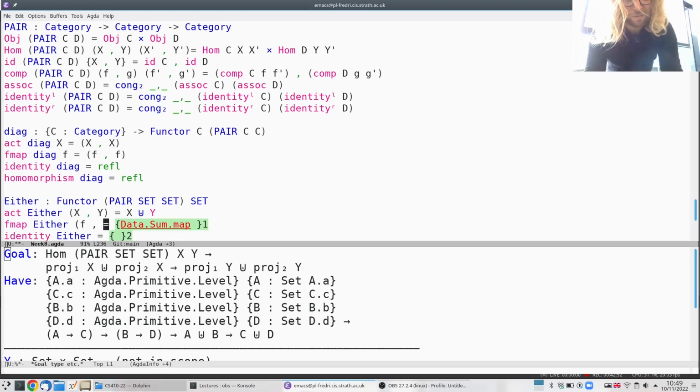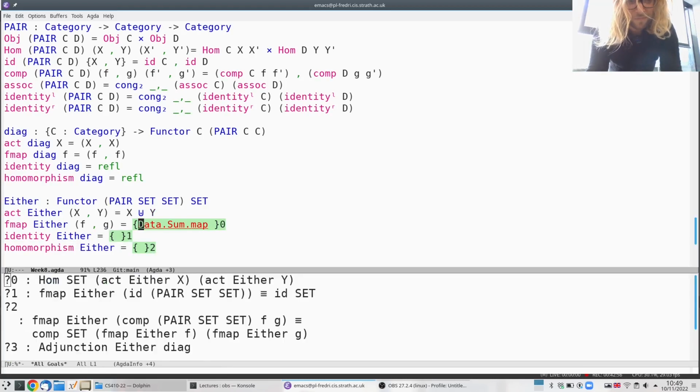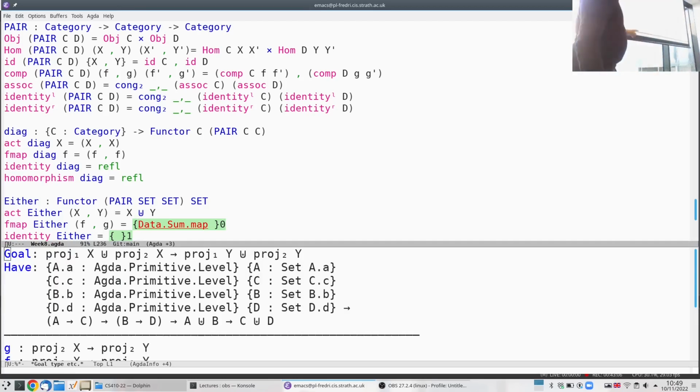So that's a pair of morphisms, f and g. And now we have to make a morphism from this disjoint union to this disjoint union. And that's exactly what the thing in the library already does, right? So if I give it f and g, I think this should work.